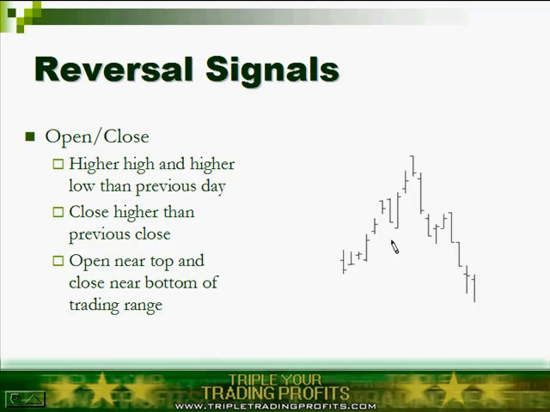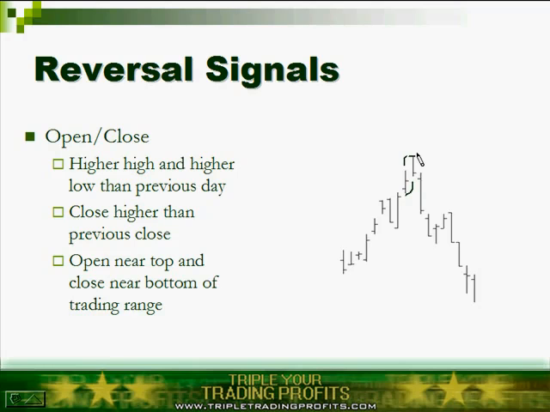The next one is an open close reversal. Now what we have here is a 2-day pattern, where this particular bar here is the second one. So we have a higher high than the previous day, and we have a higher low than the previous day. But the significance is where the open and the close is in relationship to that second bar.